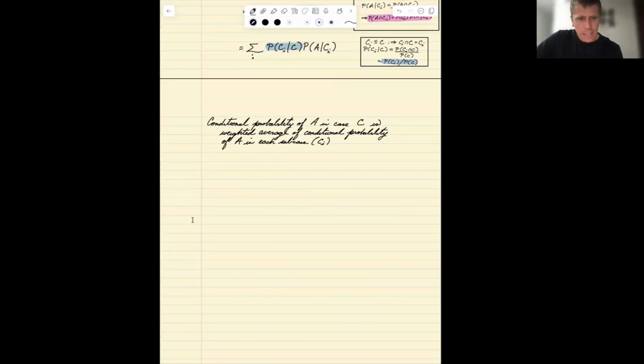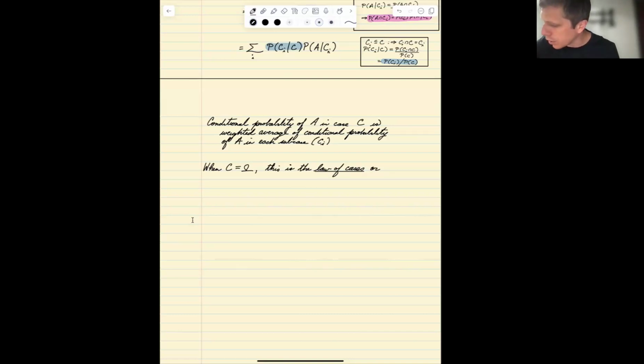And in the special case when C is all of omega, sometimes it's called the law of cases, and I call it the law of total probability. What does that mean?